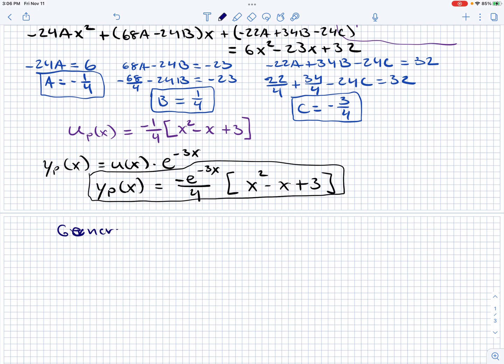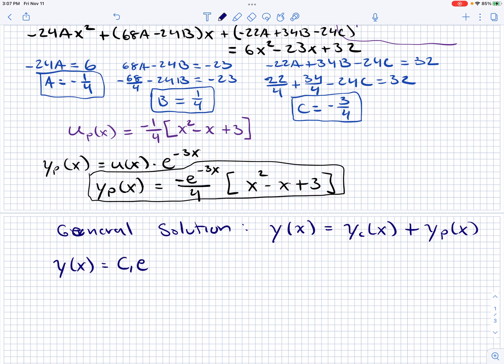Again, remember we are in terms of x, so it's going to be the complementary solution plus the particular solution. And that, for us, is c1 e to the x plus c2 e to the 3x plus c3 e to the negative 2x plus our particular solution.